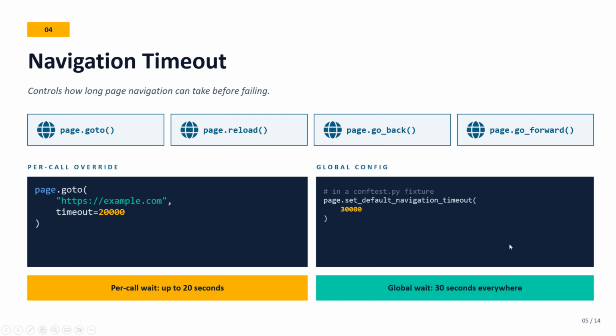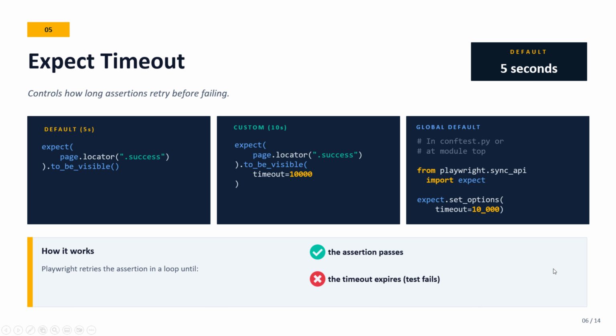Now let's talk about the expect timeout. When we talk about the expect timeout, it controls how long assertions retry before failing. Basically, the default value is 5 seconds. Okay. So for this particular assertion, it will wait for 5 seconds. If this particular locator is not visible, then it will throw an assertion error.